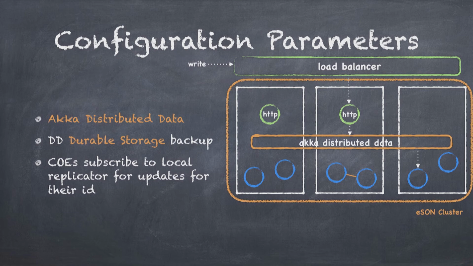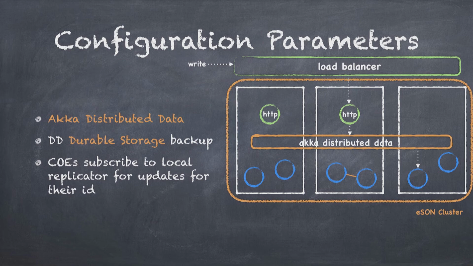So an HTTP server will simply write a config parameter for a given COE, given its ID, into Akka distributed data on its local node and let Akka distributed data distribute those. Now the COEs themselves, when they are created, will subscribe to Akka distributed data with their ID, and when there's a change for that ID, they'll automatically be notified.